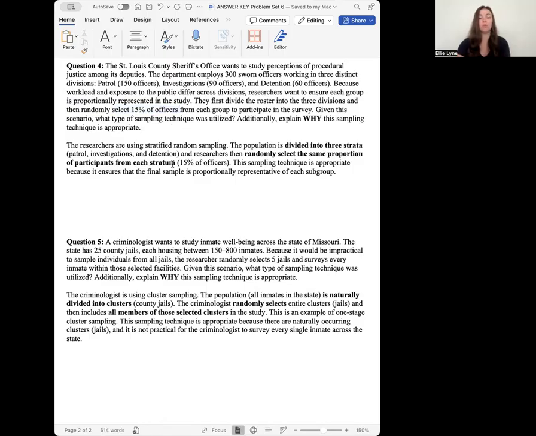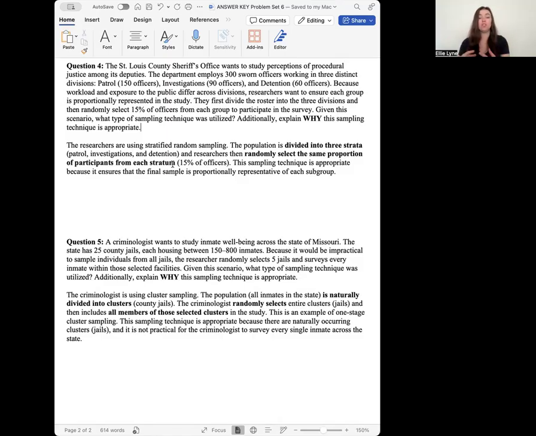And so, the researchers are using stratified random sampling. The population here is divided into 3 strata. Naturally, right? We had 3 distinct divisions of patrol, investigations, and detention. And then the researchers randomly select the same proportion of participants from each stratum.